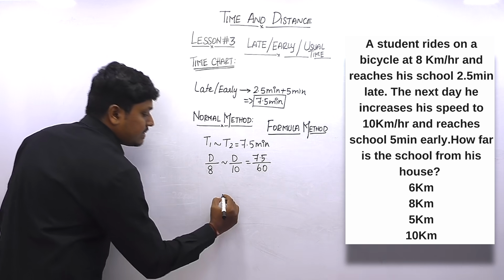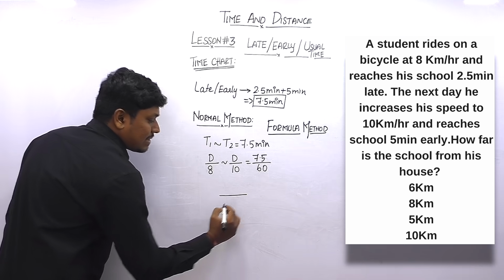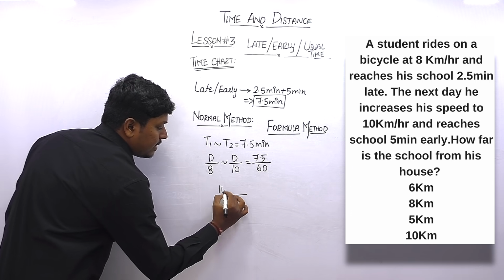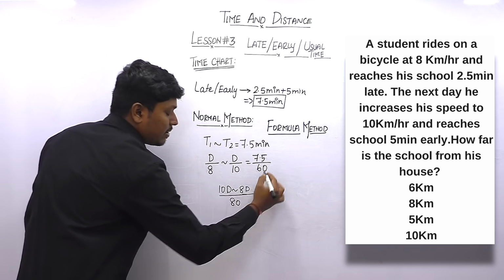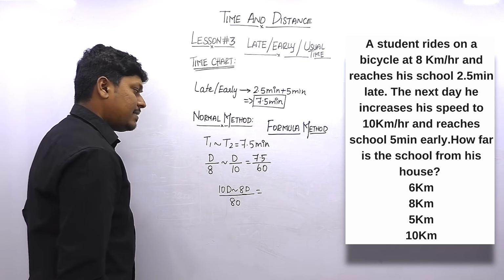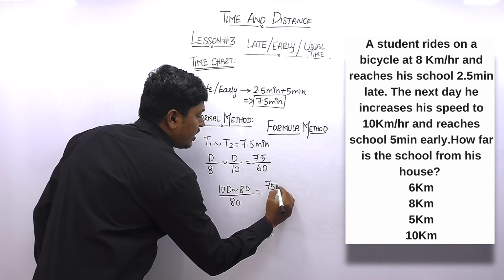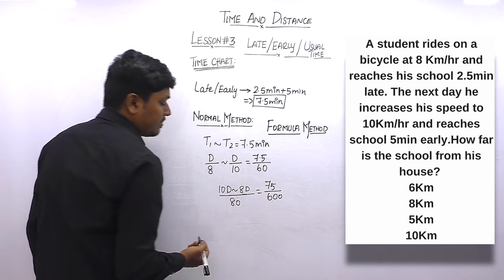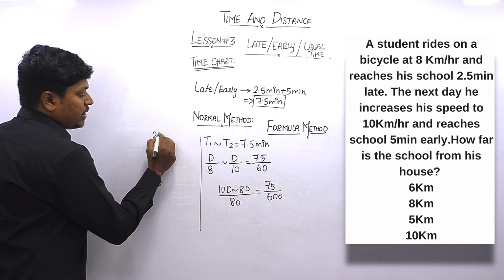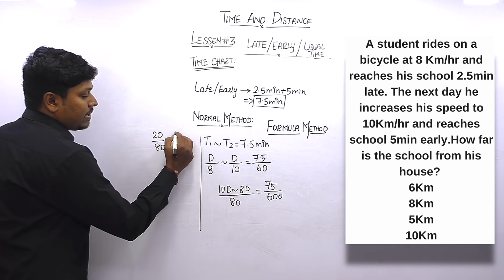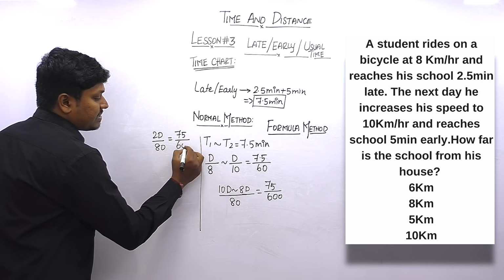So let me take an LCM. Once you take the LCM as 80, this will be 10d minus 8d is equal to 7.5 divided by 60. This can be written as 75 divided by 600 for easy multiplication, right? So 10d minus 8d, the difference will be 2d. So 2d divided by 80 is equal to 75 divided by 600.